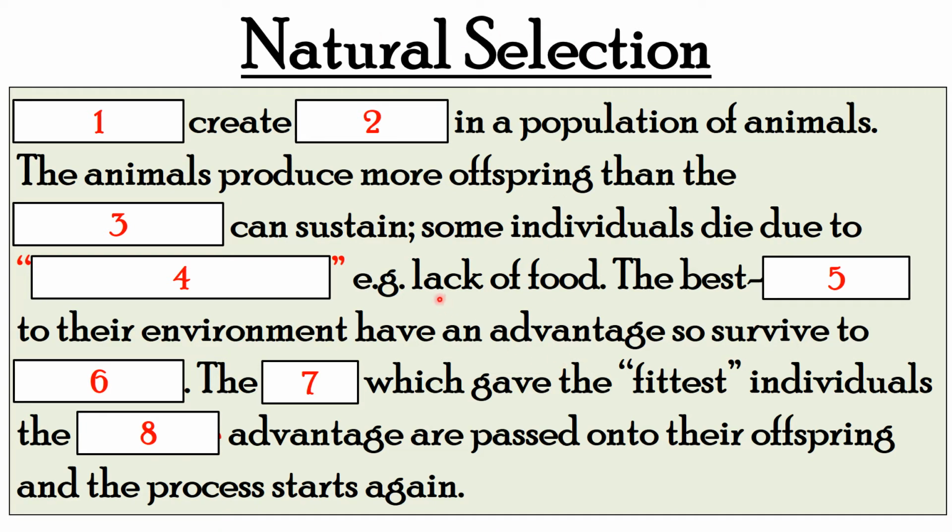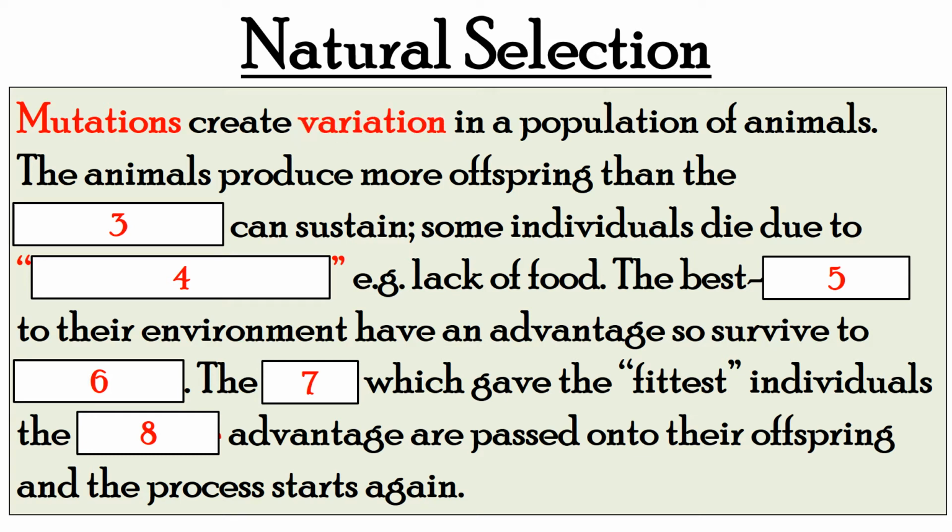So try this. That's just a wee summary of that. Press pause, put down numbers 1 to 8 and see if you can do that. Number 1, mutations create variation in a population of animals. The animals produce more offspring than the environment can sustain.